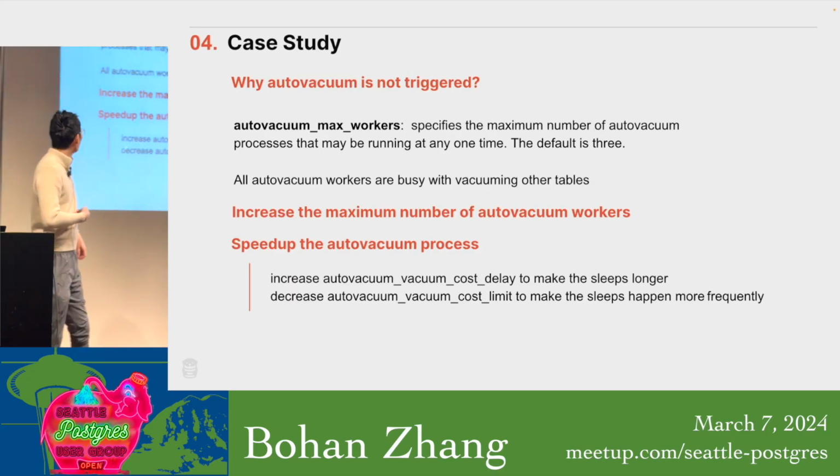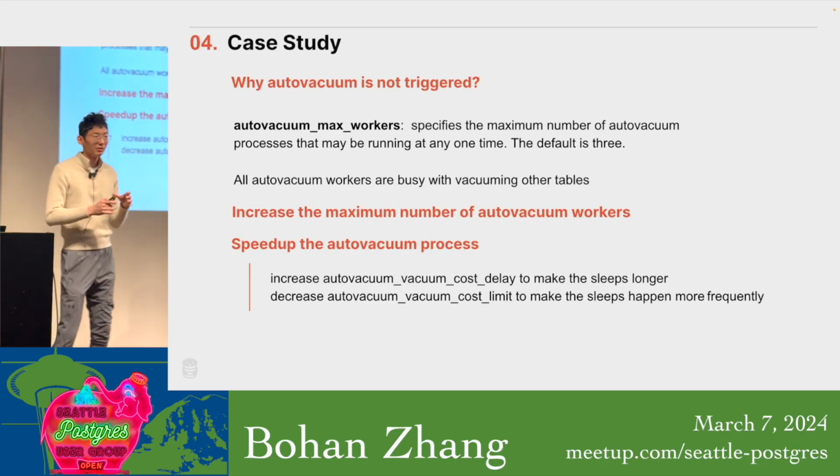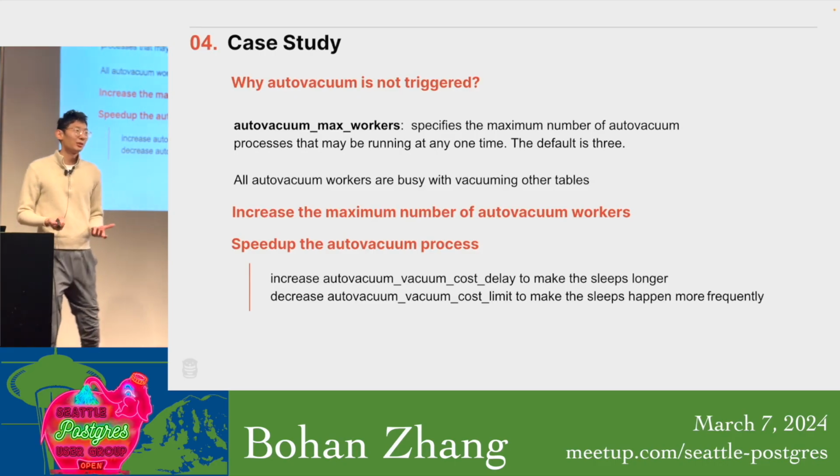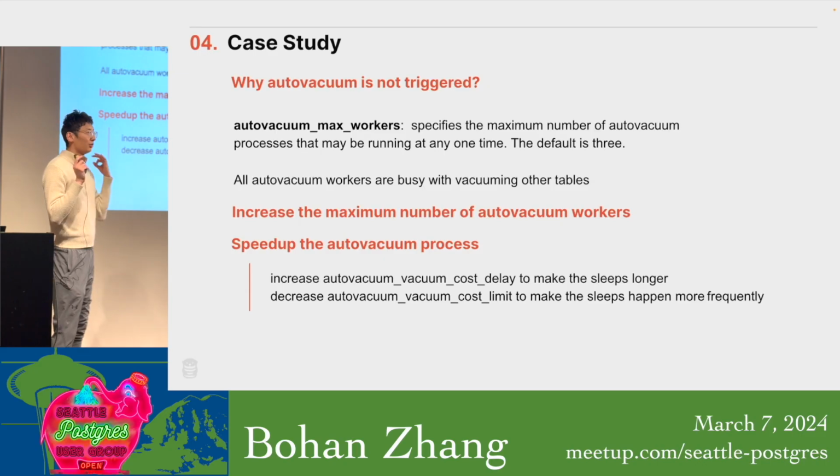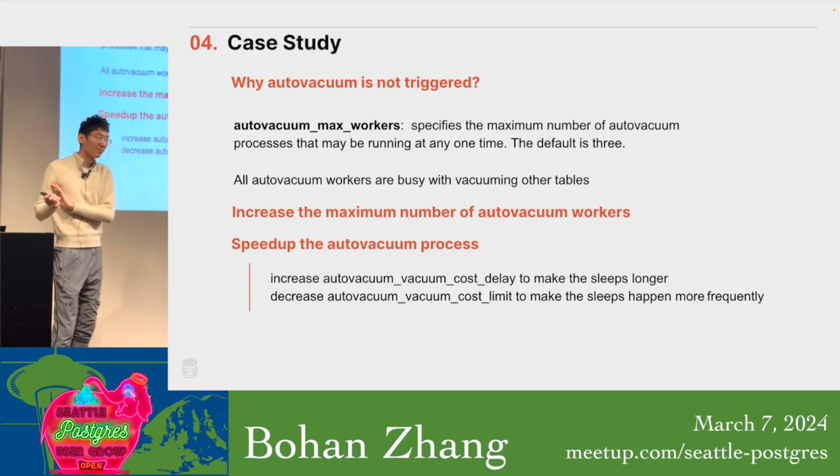In that case, all 3 auto-vacuum workers were busy vacuuming other tables. That's why for that table, auto-vacuum is not triggered, because all 3 workers are affiliated with vacuuming other tables.